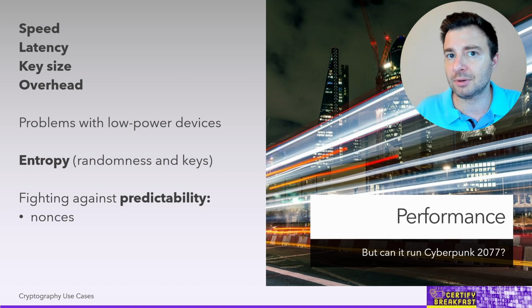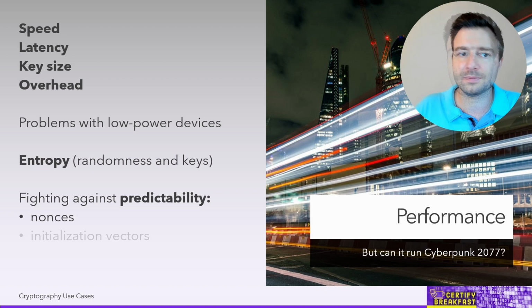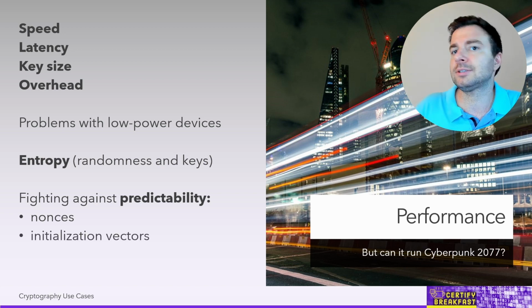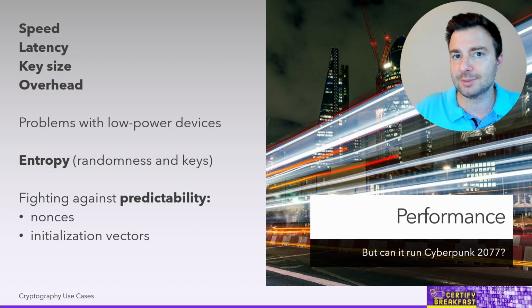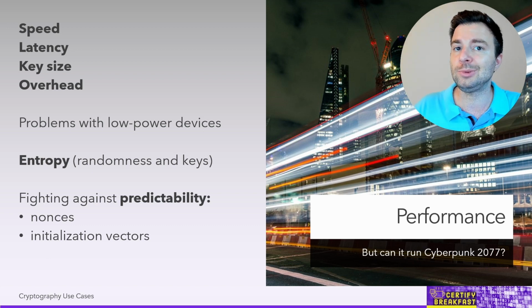It doesn't necessarily have to be random, it just has to be unique and never reused. We also see initialization vectors, again, sets of data that are randomly generated, supposedly not to be reused anymore, that make that initial exchange or the initial encryption that is based on those initialization vectors unique.